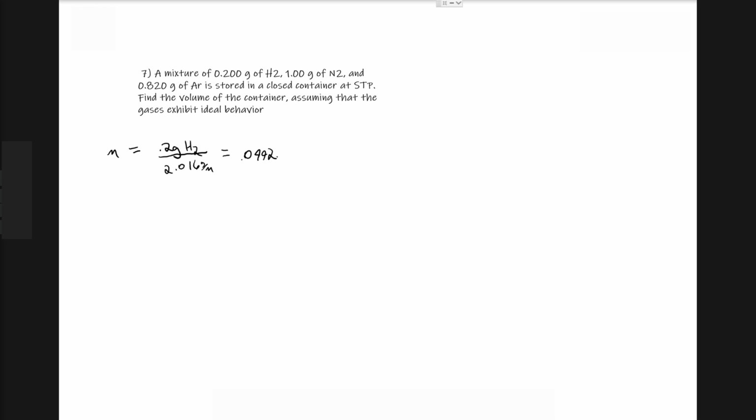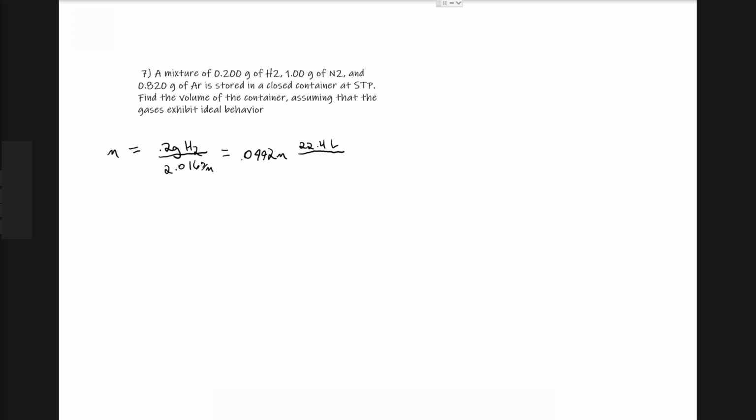0.0992 moles. Now, another thing to commit to memory, if you take the DAT or the MCAT, this will help you so much. This is an enormous time saver and life saver too, I guess. Just remember that when you're trying to convert moles into liters, this conversion factor right here, in 1 mole, there are 22.4 liters.